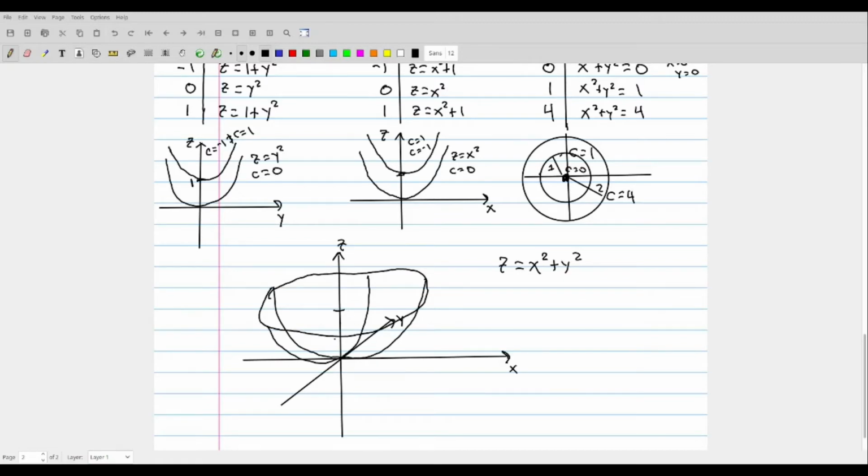And you can hopefully see that this is in 3D what's called a paraboloid, or a parabolic bowl. And in office hours, we've seen that this shape is very clear. And we can also add, I'll open up GeoGebra right now just to show that this is exactly what you get.